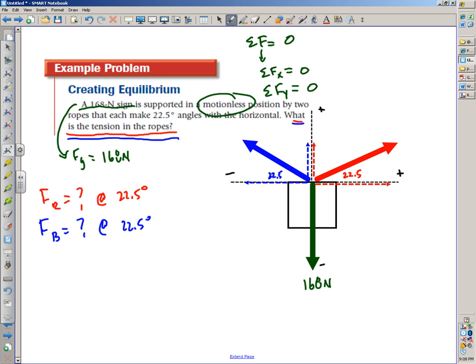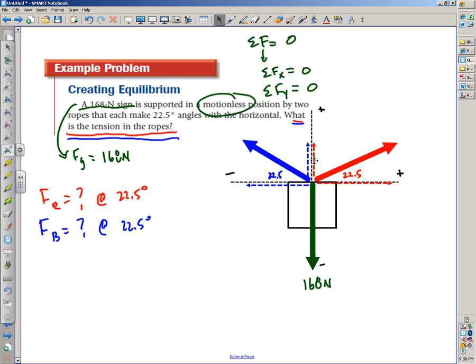Getting back to our problem. If we look at our x-axis, there are only 2 forces on it, the horizontal component of red and the horizontal component of blue. If we need equilibrium on the x-axis, those 2 forces have to cancel. That has to be true, but we don't know what those 2 forces are right now.